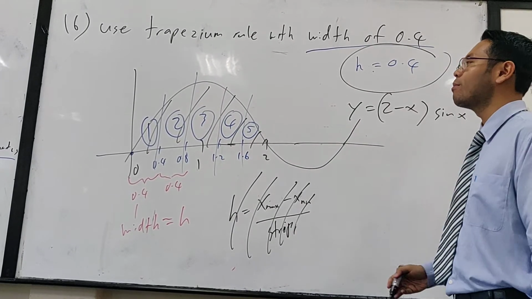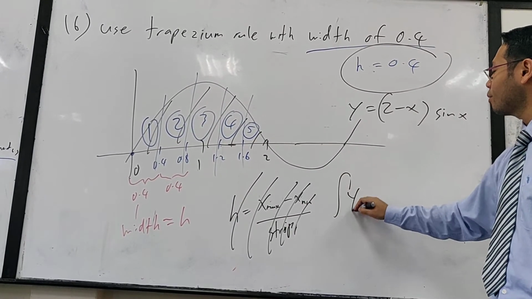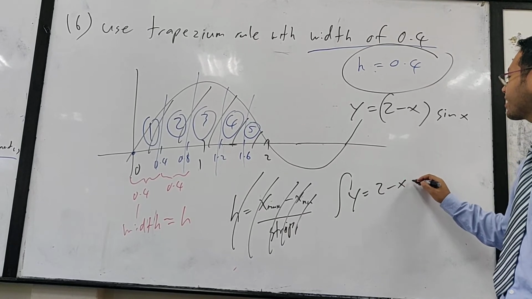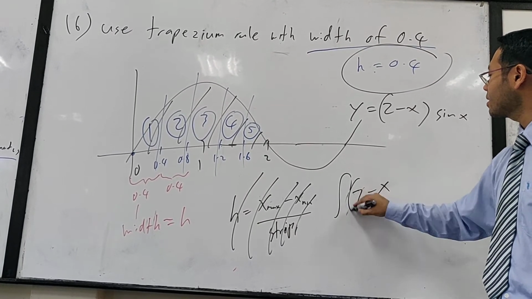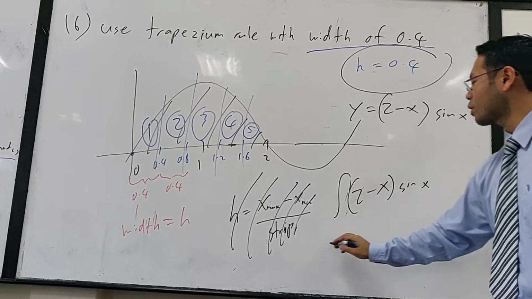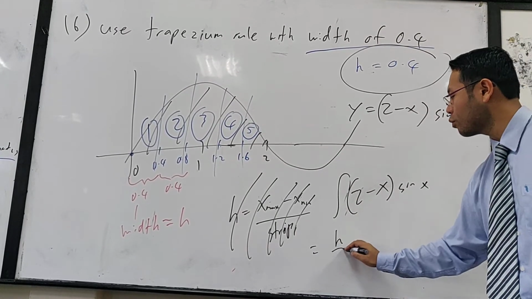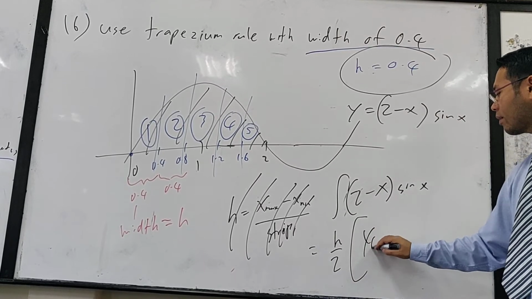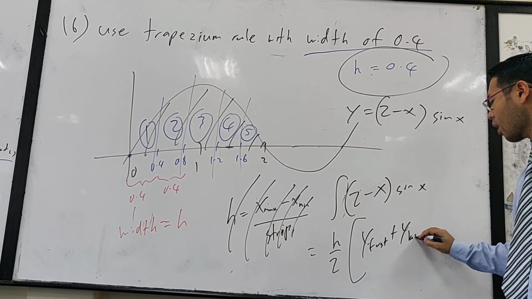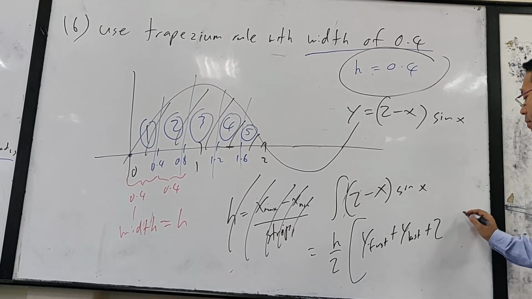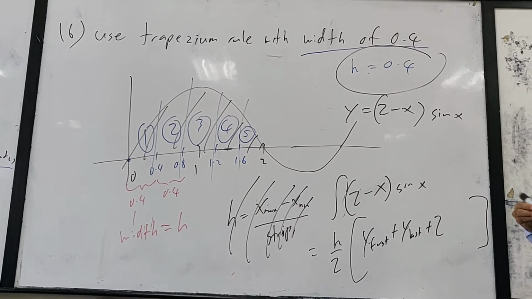So you can straight away put into the formula the integral of 2 minus x sine x, which equals h over 2 times y first plus y last plus 2 times the y in between.